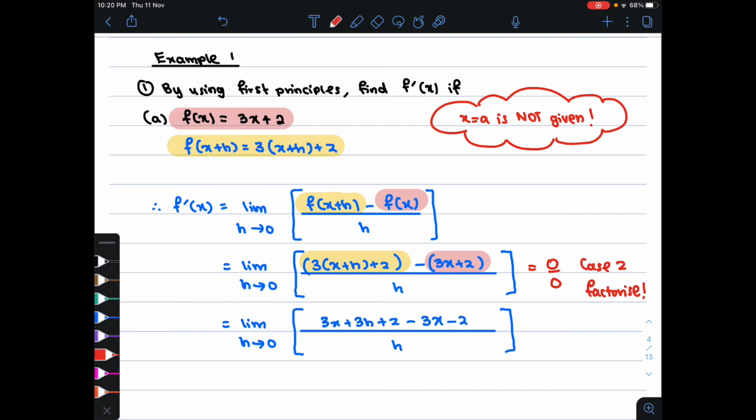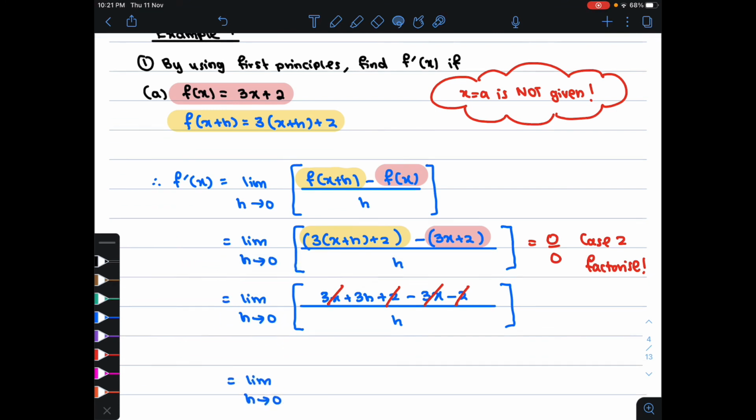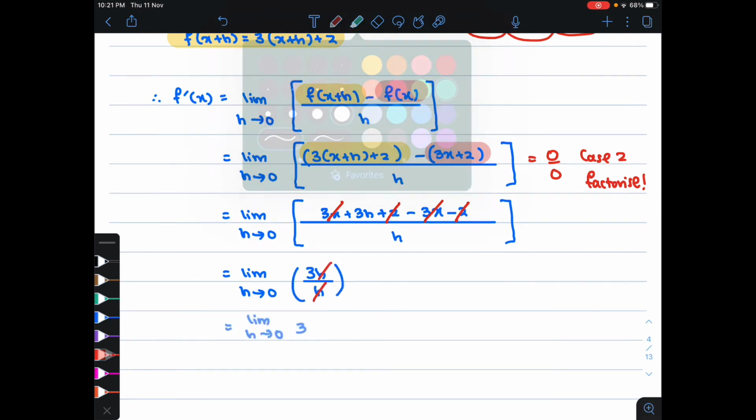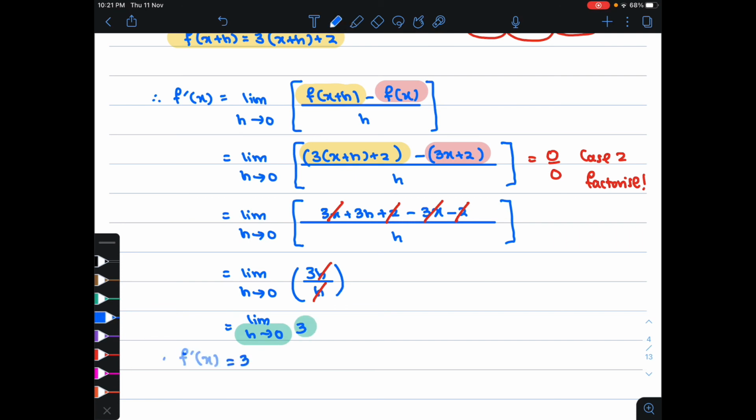And we can cancel out 3x with 3x, 2 and 2. So we will only have 3h in the numerator.